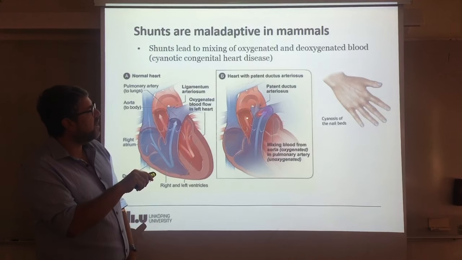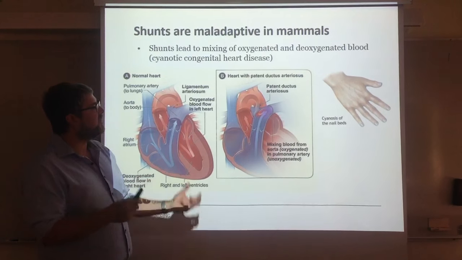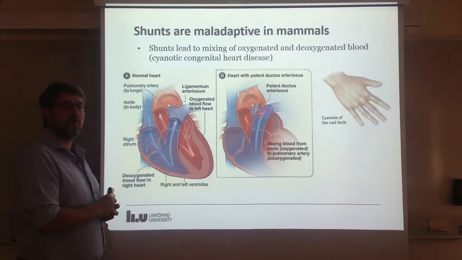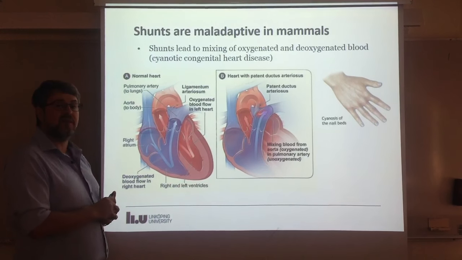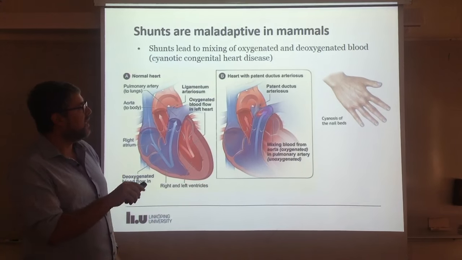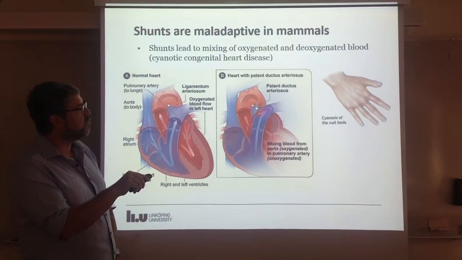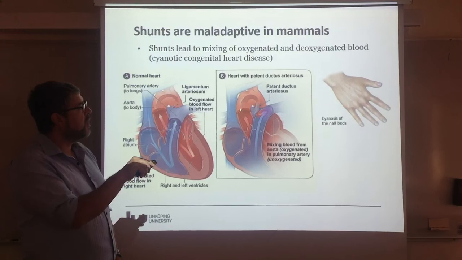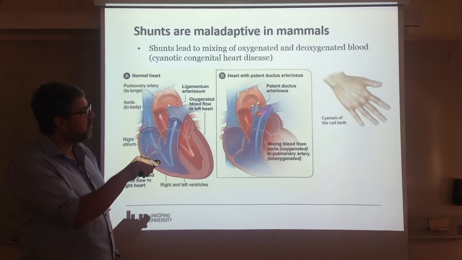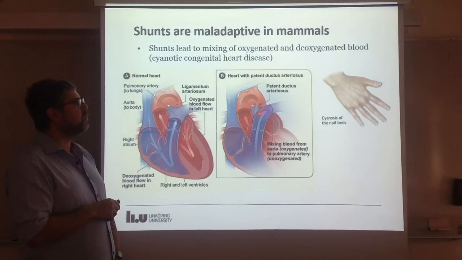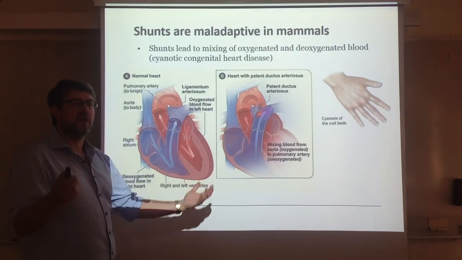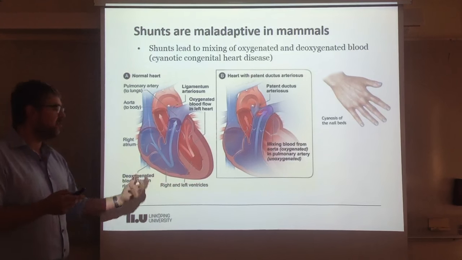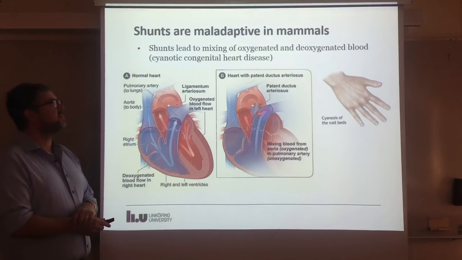In this case, what you have is the same problem as I showed you earlier for the ventricular septal defect, but when the ductus arteriosus has not closed properly. Because of the higher pressure in the systemic circuit, oxygenated blood is now shunted back into the lungs. Same problem, different origin, but basically the same functional consequence.